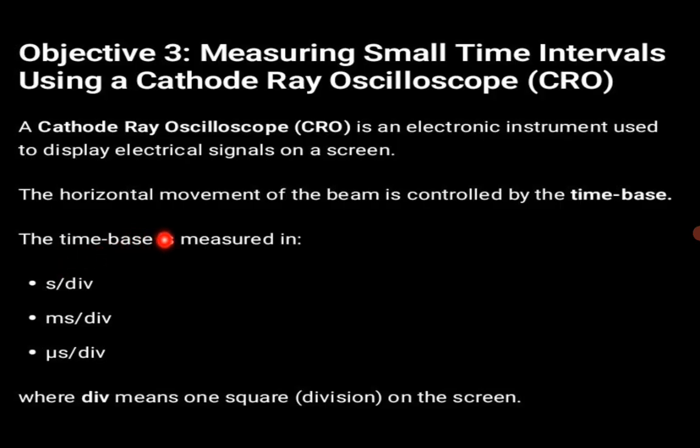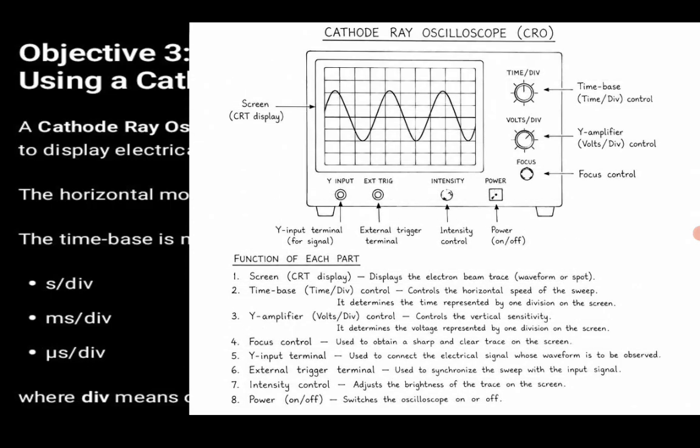The time base is measured in seconds per division, milliseconds per division or microseconds per division, where div means 1 square or a division on the screen, something like this. So this is a cathode ray oscilloscope when you're looking at it from the front.